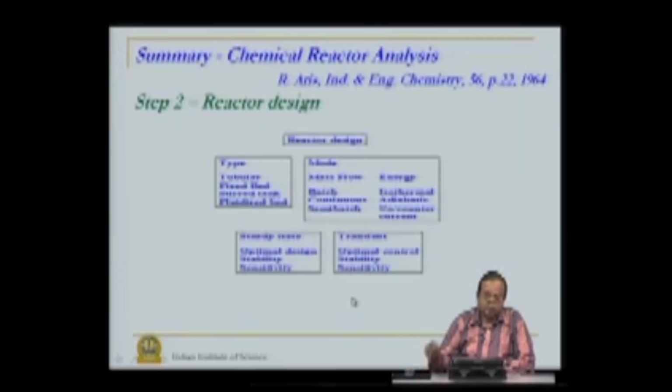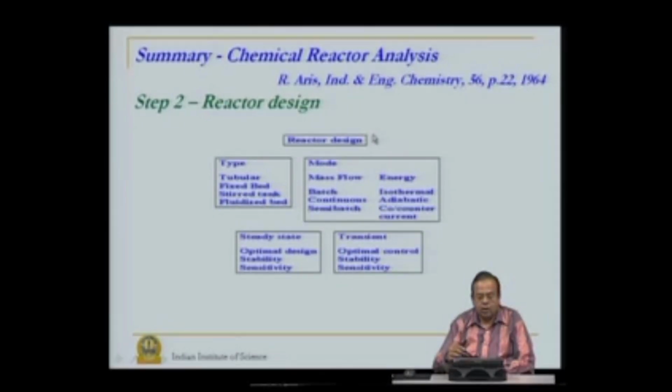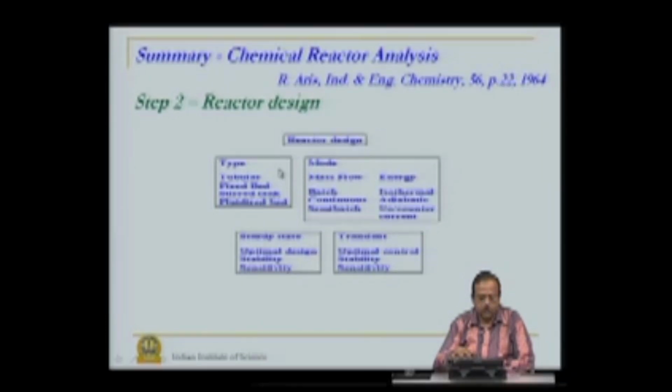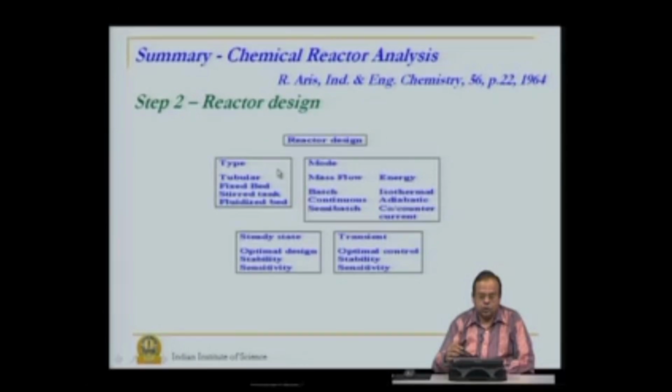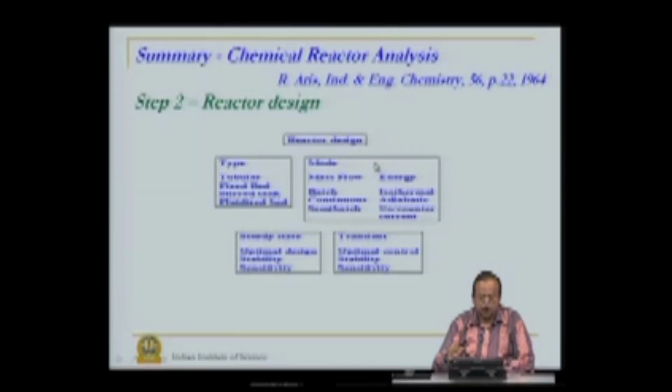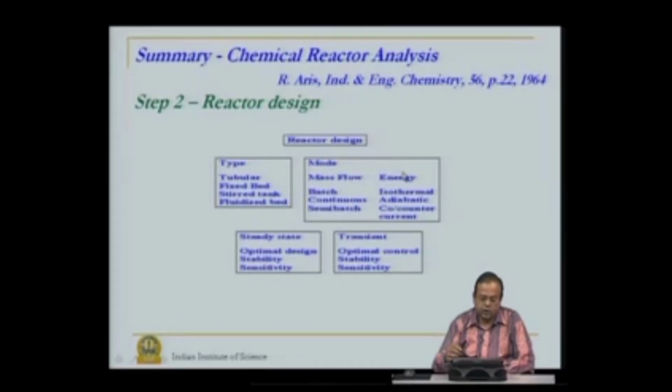The next is reactor design, which essentially consists of looking at what kind of reactors we are going to use, that is the type of reactor, and the mode of operation, that is, the classification again based on mass flow or energy flow.